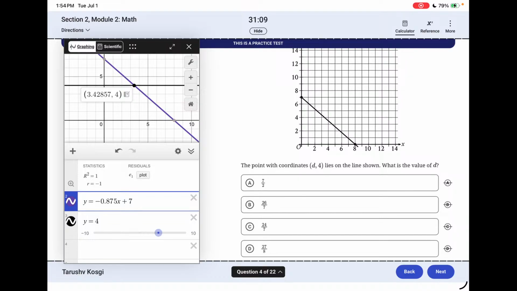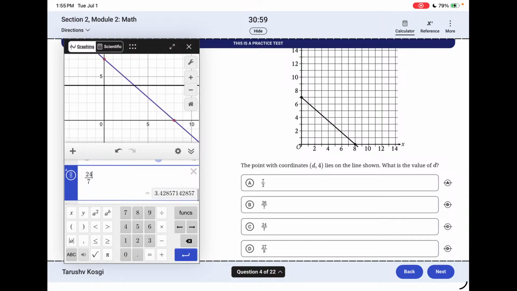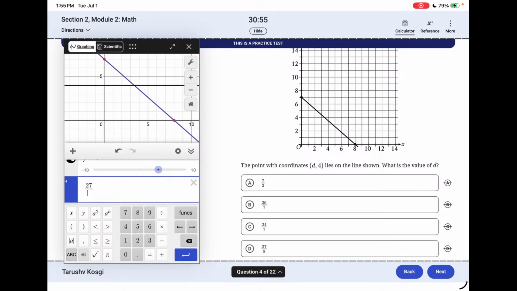It'll make 3.42857. Is that 26 over 7? No. Is that 24 over 7? Is that 27 over 8? No. Is that 7 over 2?